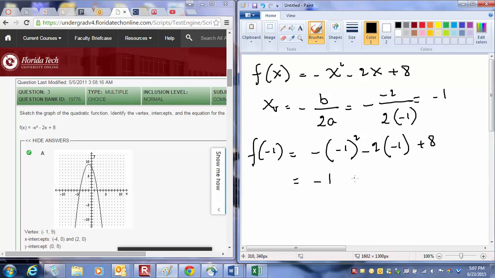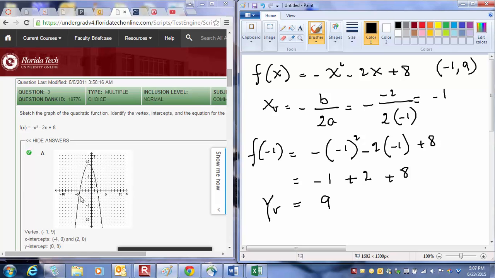So that would be negative 1 plus 2 plus 8. And therefore we have 10 minus 1 is 9. And that would be the y-coordinate of the vertex.